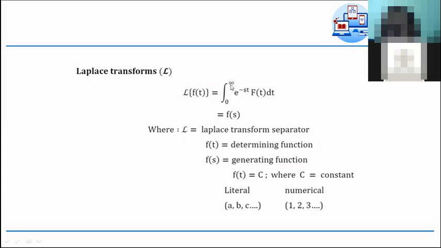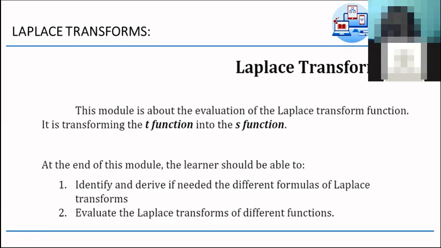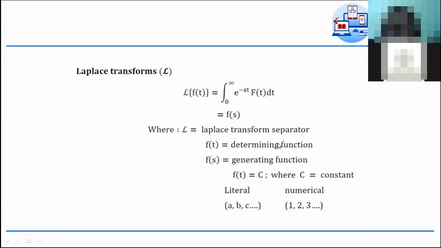If you simplify that, it is now a function of s. From your first slides, your t function goes into the s function. It is transforming the t function into the s function. The Laplace transform takes the function of t, the determining function, to the function of s, the generating function.